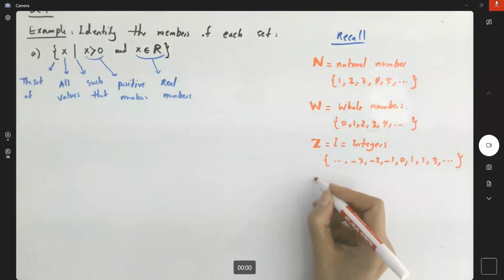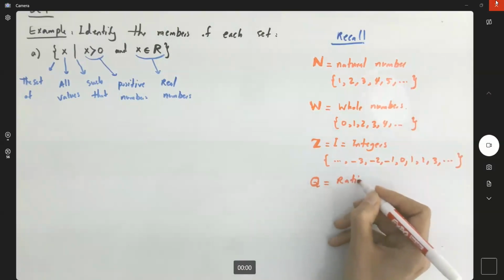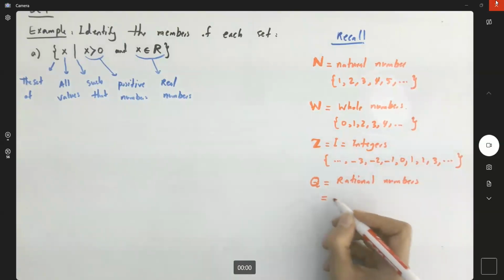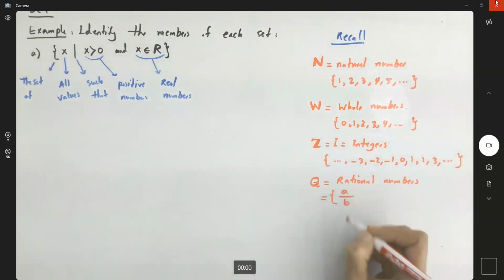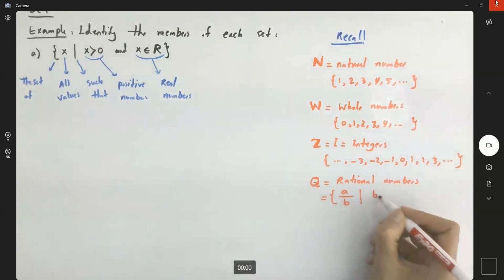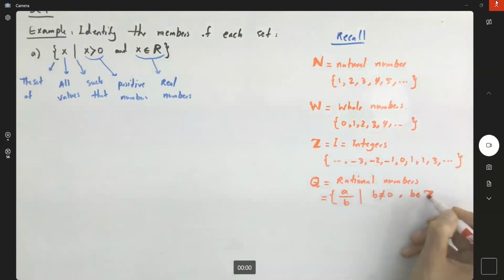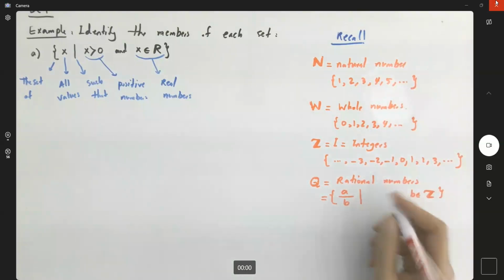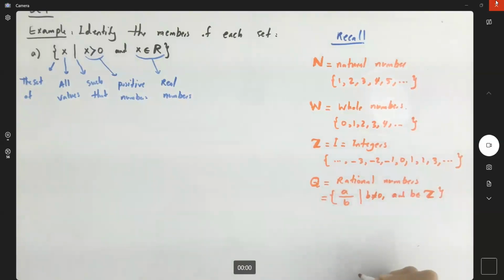We're going to define fractions as rational numbers. Rational numbers or fractions, which are represented by the set A over B, such that B is never 0 and B is an integer. B is also an integer, A and B are integers.